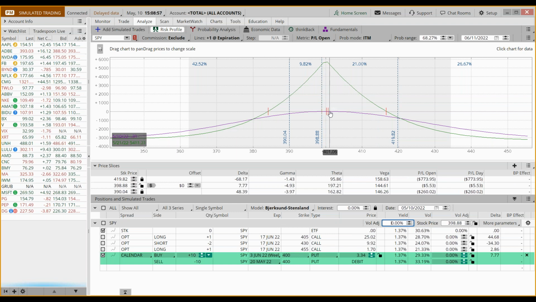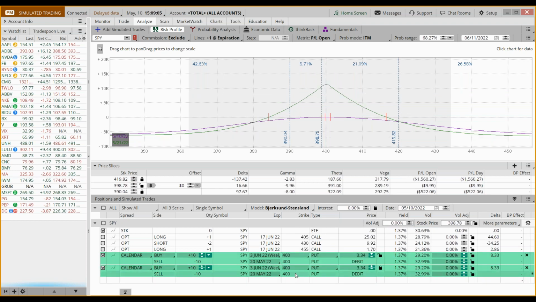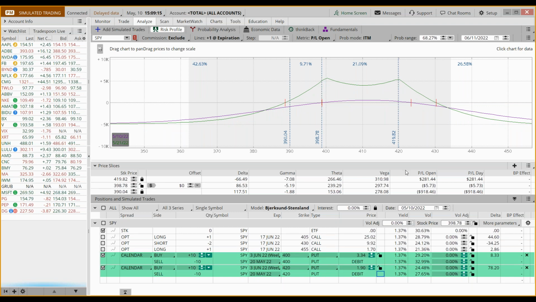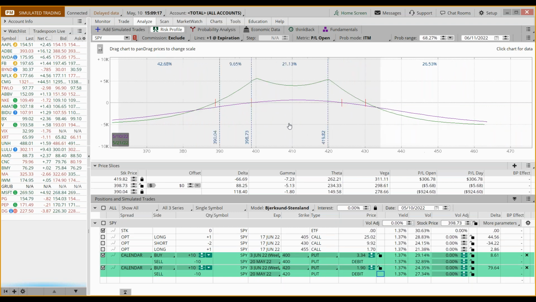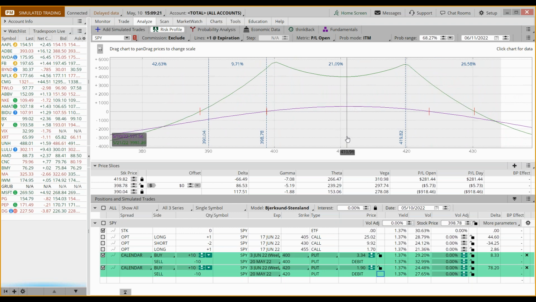Now, what can I do? Well, if it were to come out one way or the other, I have the ability to extend it. And if I extend it, it looks something like this. This is a double calendar.